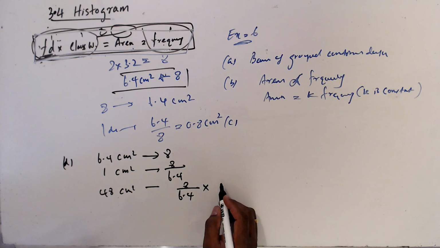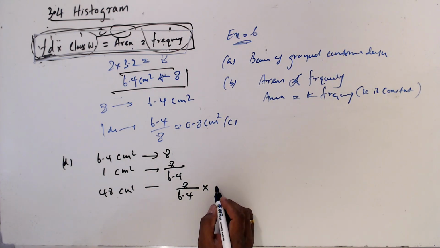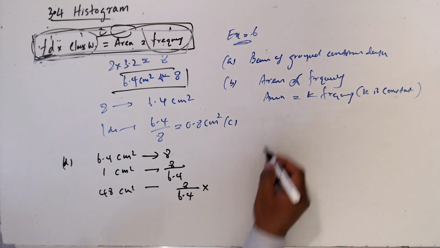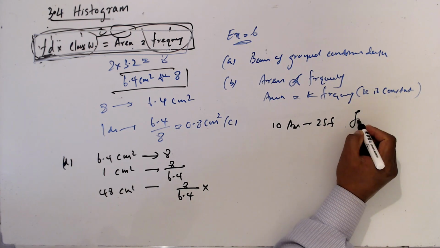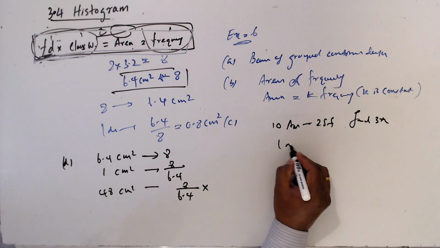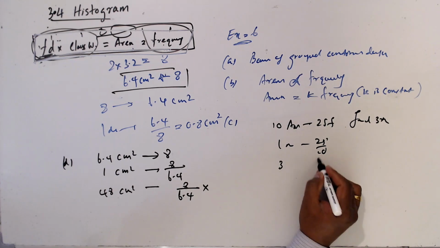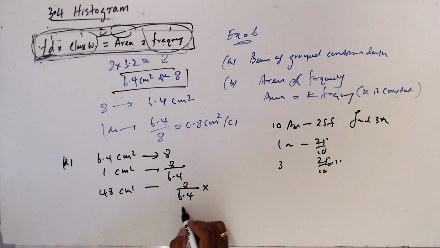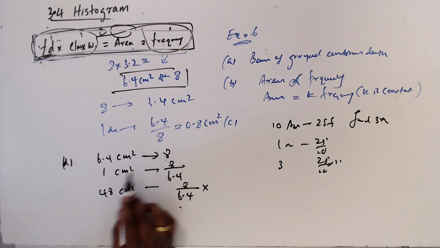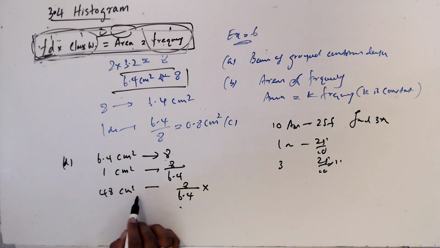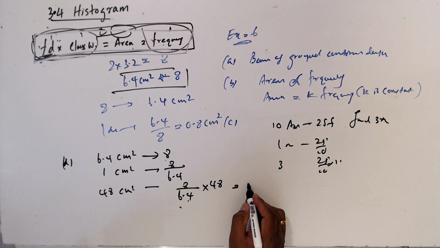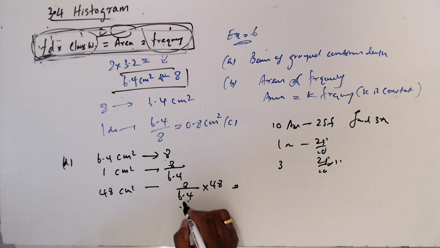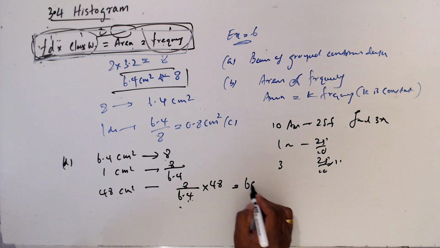If 10 apples cost 25 pounds, then 1 apple is 25 divided by 10, and 3 apples is 3 times that. So 48 times 8 divided by 6.4, and your answer should be 60.